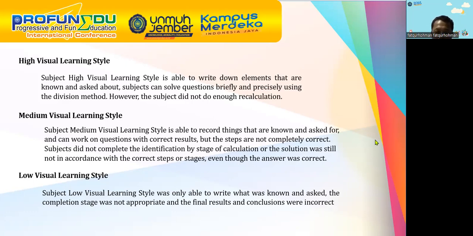So the results of my visual learning style research are three categories: high, medium, and low visual learning style. But the three categories include various differences. That's my description for that.